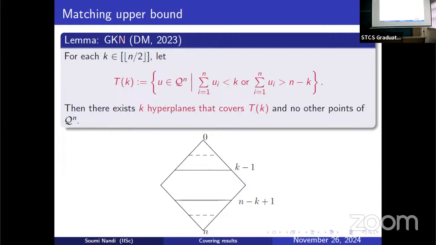If I just take the sum of xi, with i running from 1 to n, equal to n minus 1, then this single hyperplane covers all 0 and all 1.